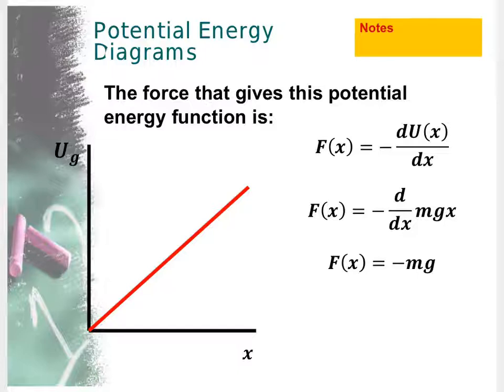So if you're looking at this, the slope of this line is actually equal to mg. The force from this potential energy will be the opposite of that, which is negative F_g, or negative mg.